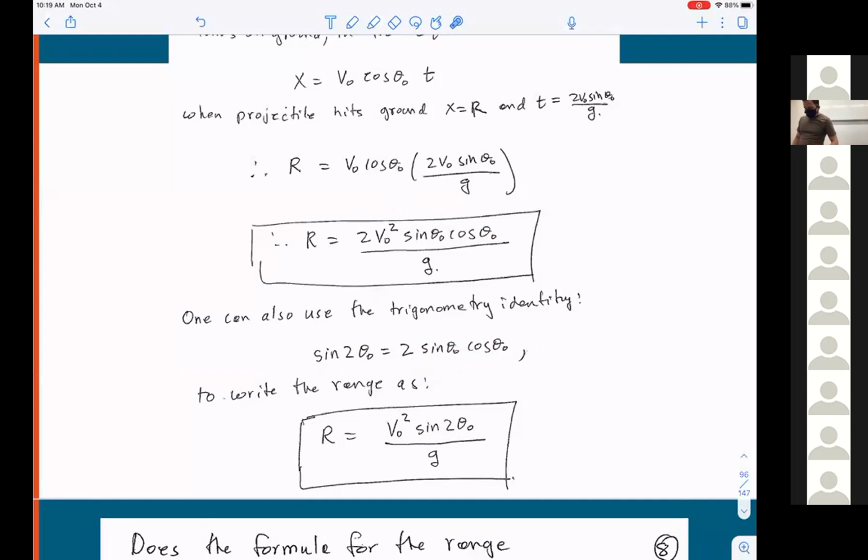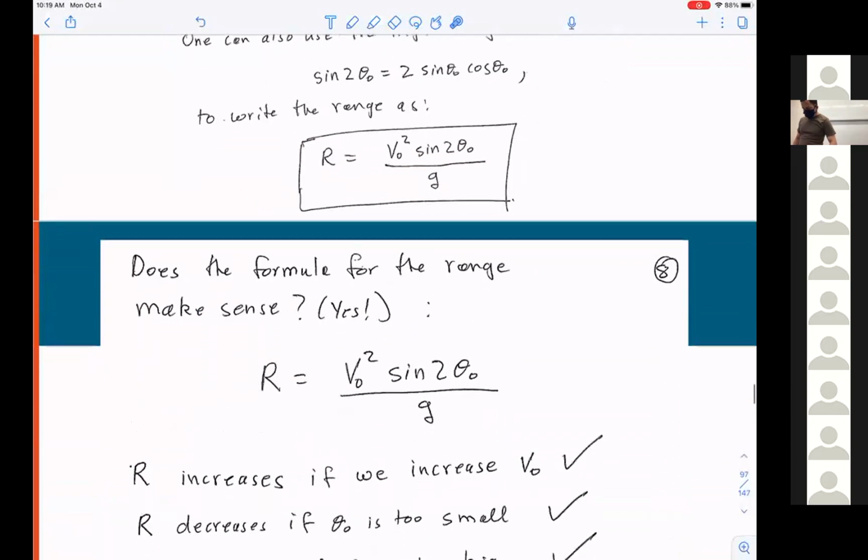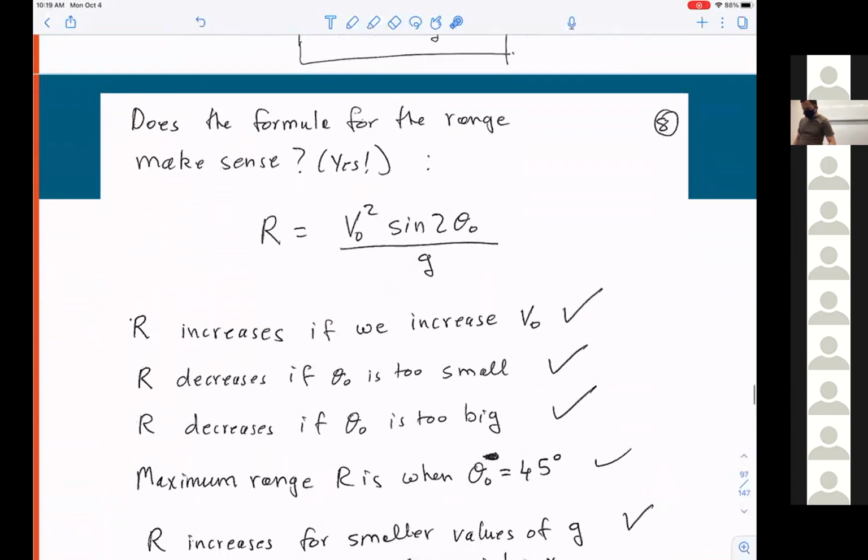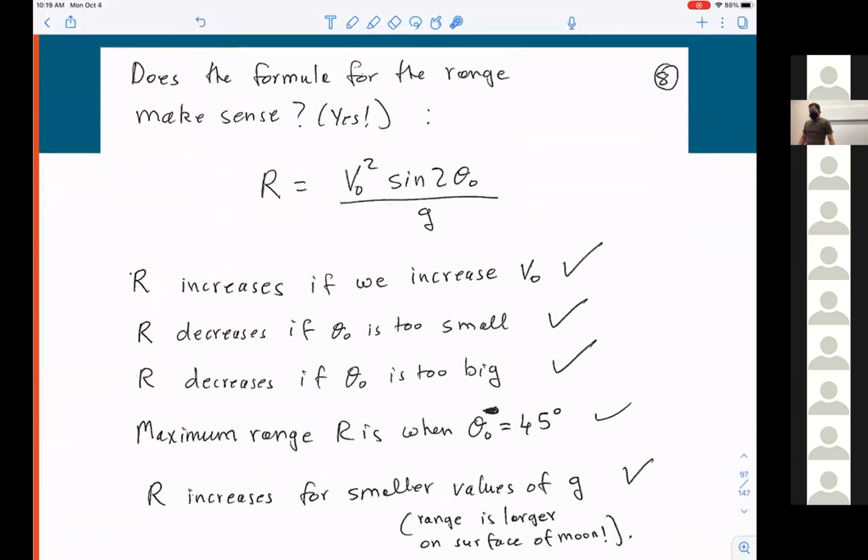So let's look at this range formula for a bit and see if it makes sense. First, notice that in this formula, the range will increase if we increase the launch speed V naught. That makes sense. The greater speed with which you launch something, the further it's going to go.